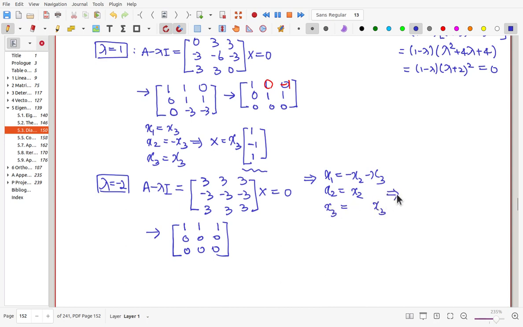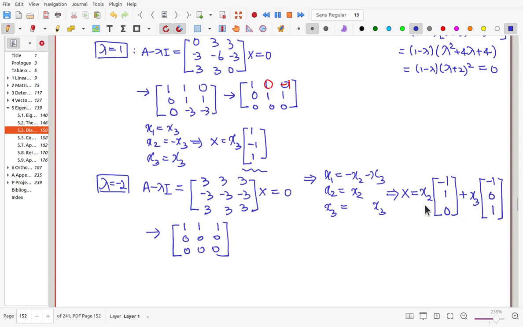So we reach x along with non-zero x2, direction is -1, 1, 0. Along with again non-zero x3, we have here -1, 0, 1.